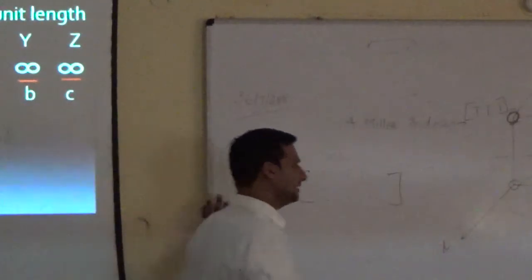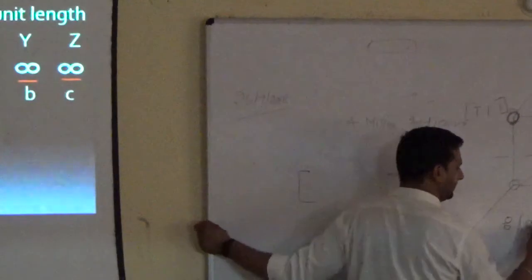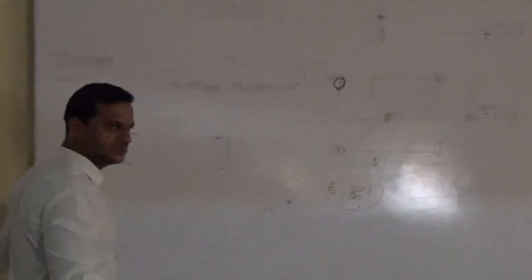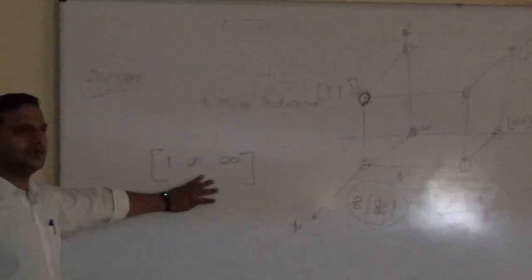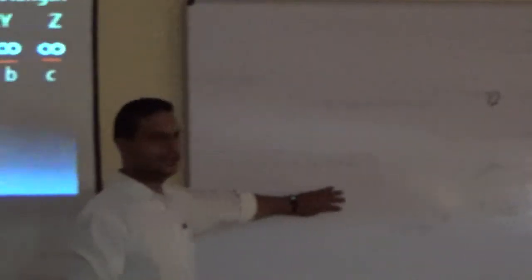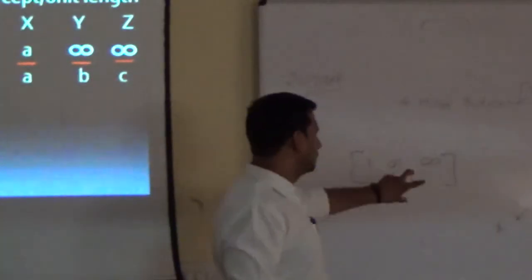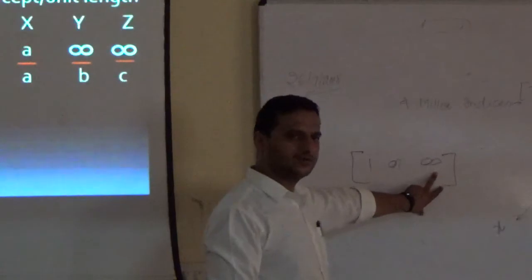Undefined terms mean 0 by 0, 1 by infinity, infinity by infinity. These are the undefined terms in mathematics. Yes or no? So if we leave our solution up to these marks, this is an invalid solution, and nobody can give a judgment to tell the location of a plane depending upon infinity and infinity. Yes or no?